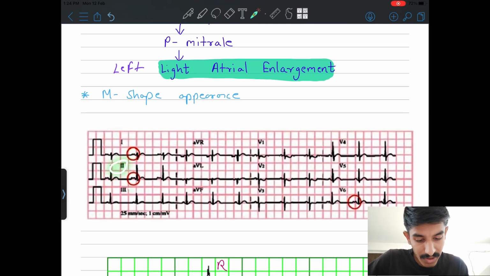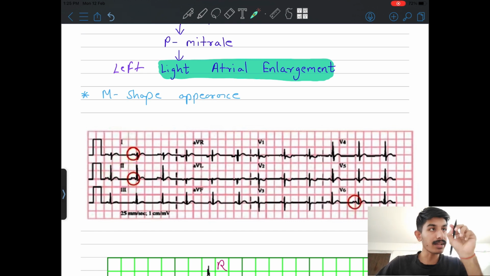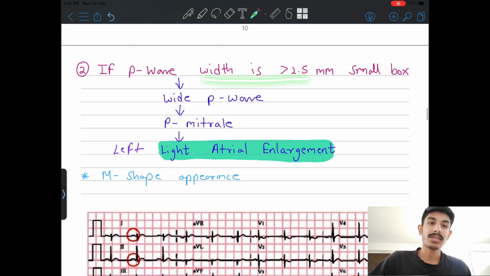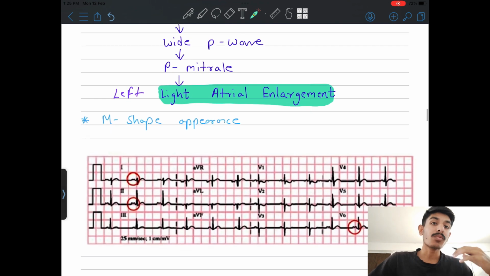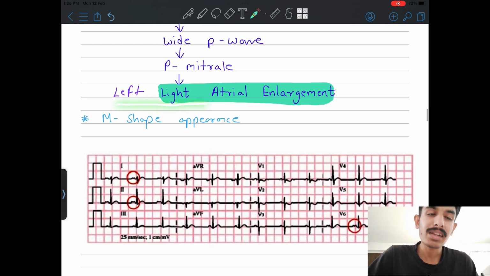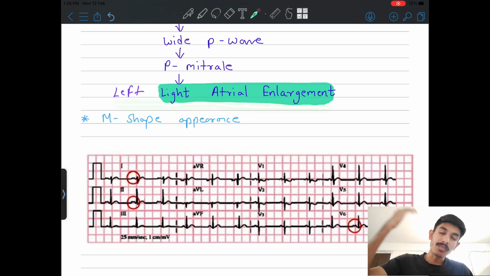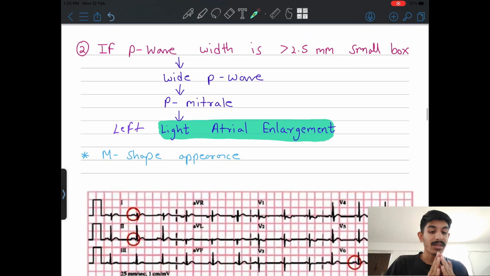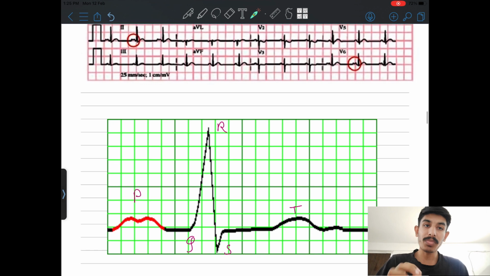As you can see here, something is forming an M, and in the sixth lead also, and in the first lead. It forms a double, bifid P wave, like an M shape. So by this you can remember this is a wide P wave. What does a wide P wave tell us? What disease does the patient have? It is left atrial enlargement. If the P wave has more height, then it is right, and if it's wide, then it is left. So these are the points of the P wave.